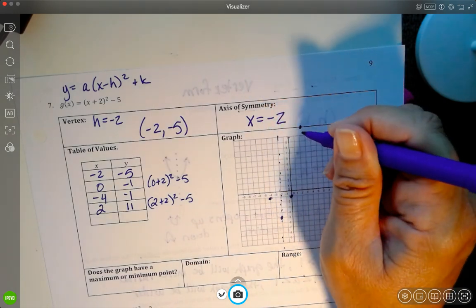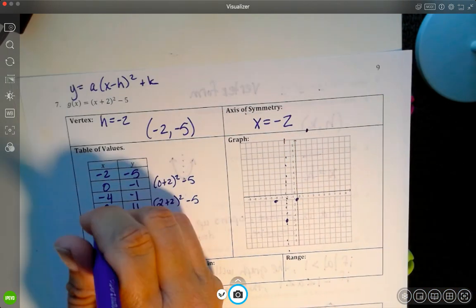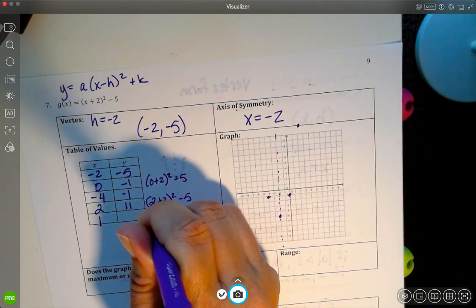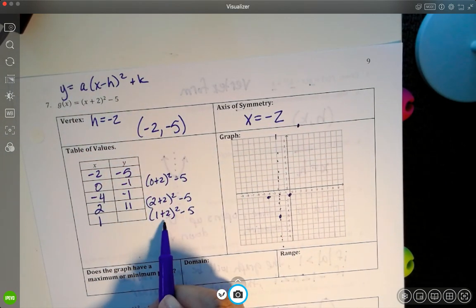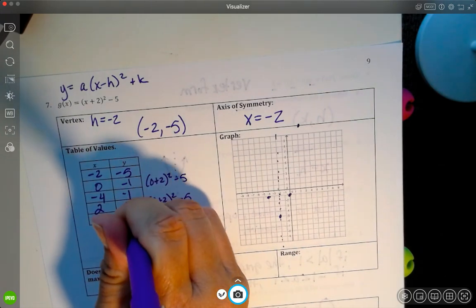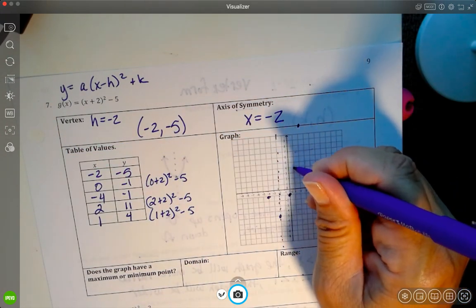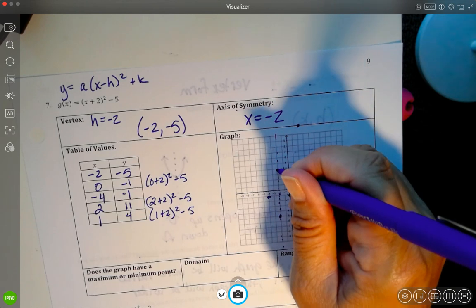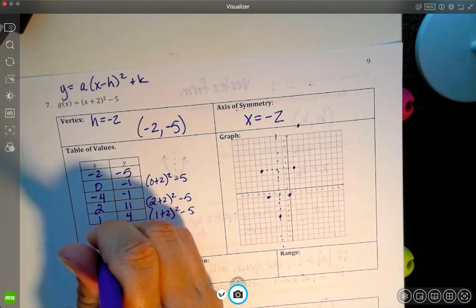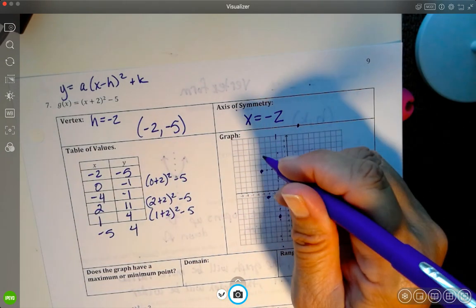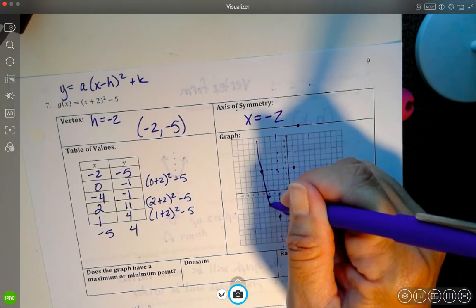So maybe I should have chosen 1. So 1 plus 2, quantity squared, minus 5. 3 squared, 9, minus 5, 4. So 1, 4. And then it's 1, 2, 3 away from the axis. So 1, 2, 3 on the other side is negative 5. Okay, so I have some good points to use.